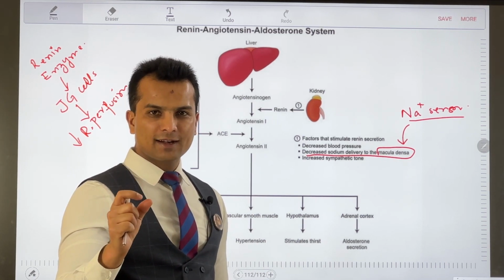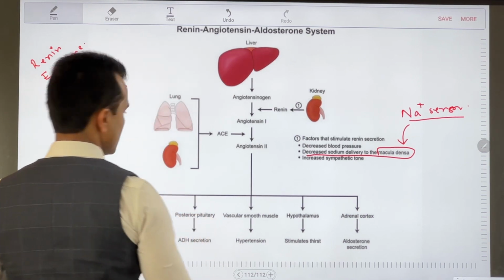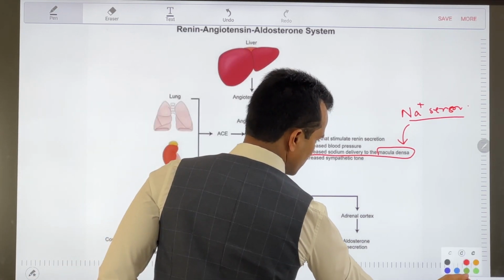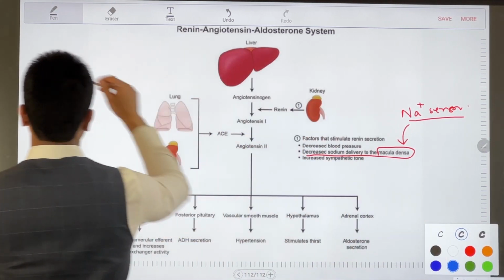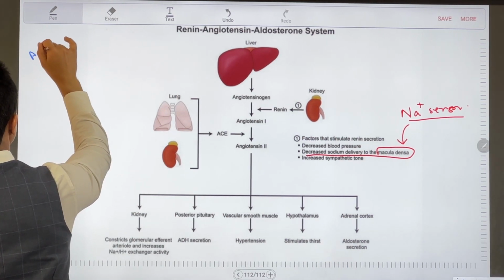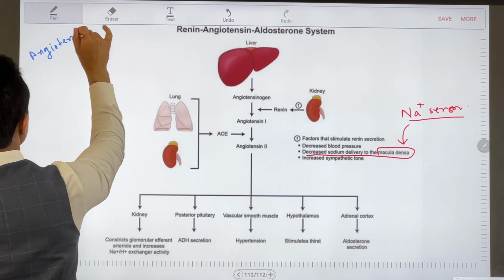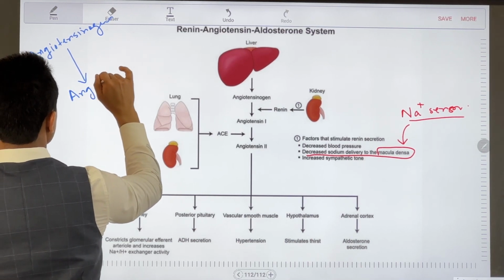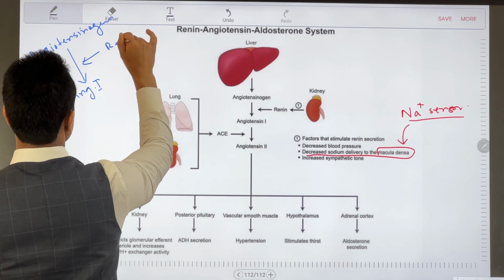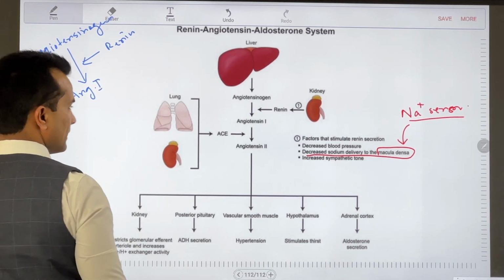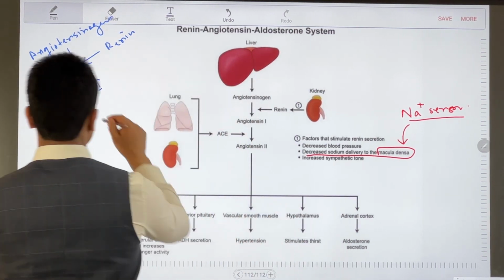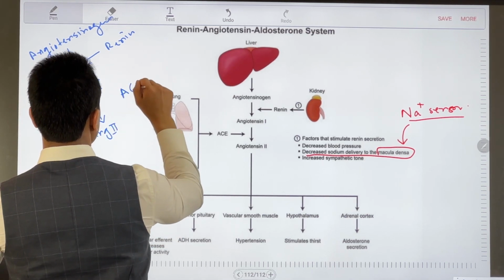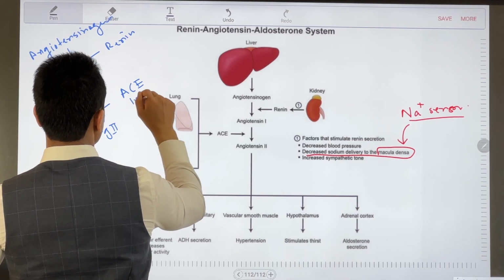Renin is going to convert angiotensinogen, which is a protein produced by your liver, into angiotensin 1. So write angiotensinogen into angiotensin 1 with the help of renin in plasma, and then angiotensin 1 is converted into angiotensin 2 with the help of angiotensin converting enzyme in your lungs.